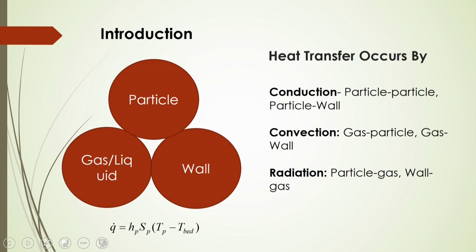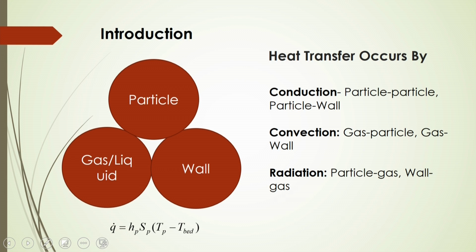All three mechanisms may happen in the fluidized bed during this heat transfer operation. Conduction may occur between particle and particle or wall contact, convection will happen within the gas-particle and gas-wall system, and radiation will of course be in the particle-gas and wall-gas system.